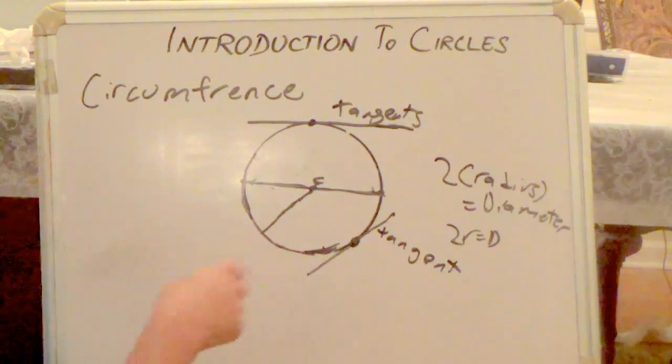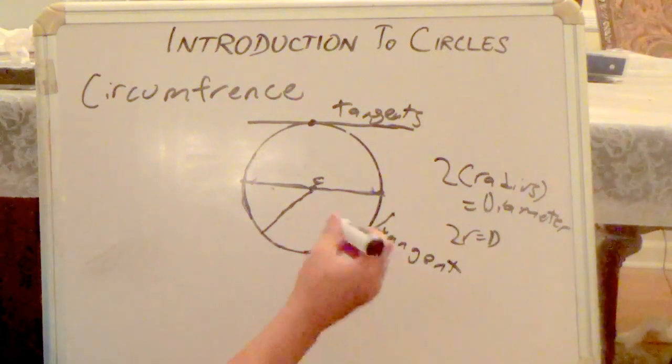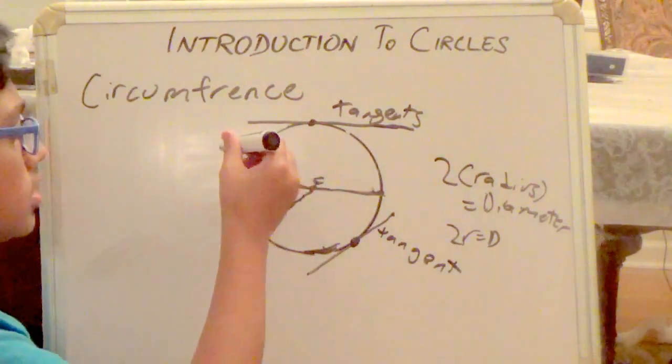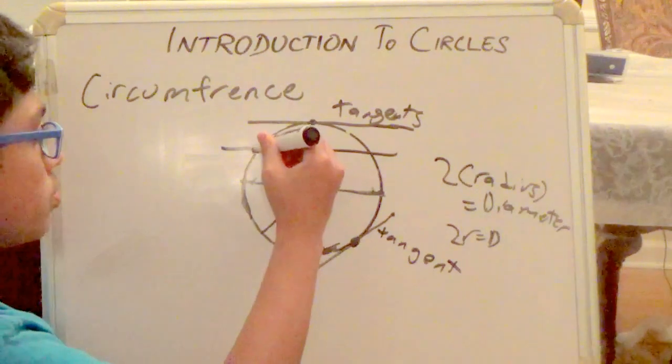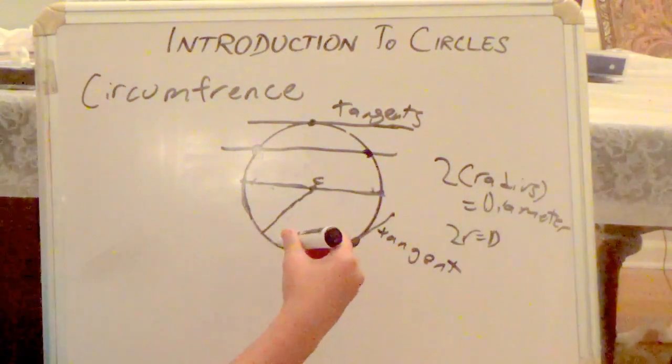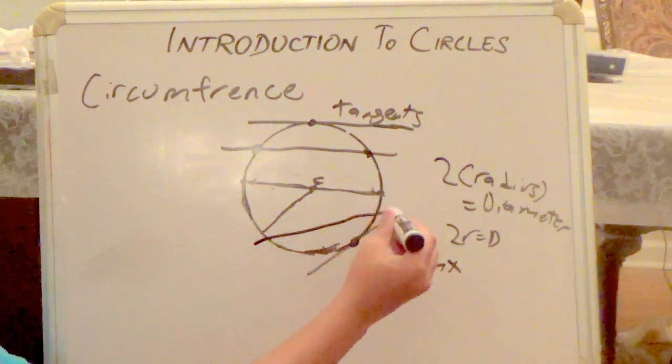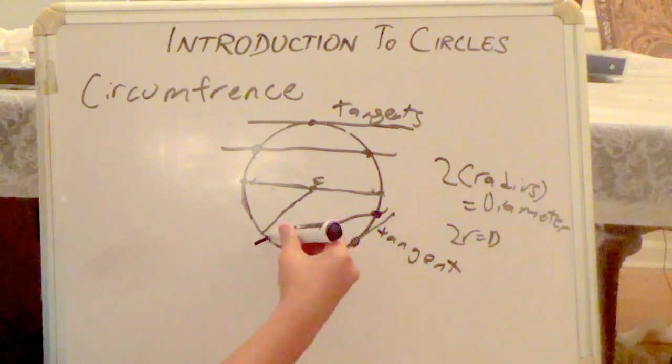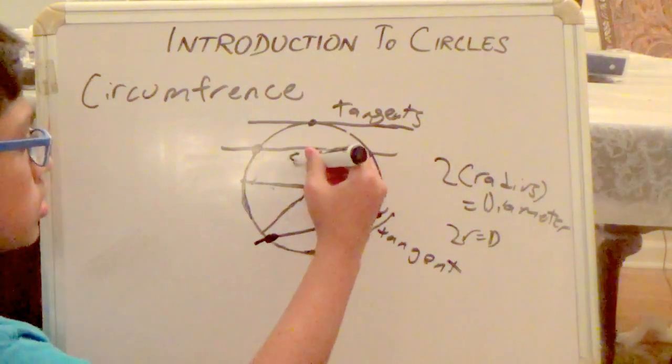And all tangents meet the circle at one point. Okay, then there are secants. Basically, they intersect the circle through 2 points. And between the first and second point, they go right through the circle.